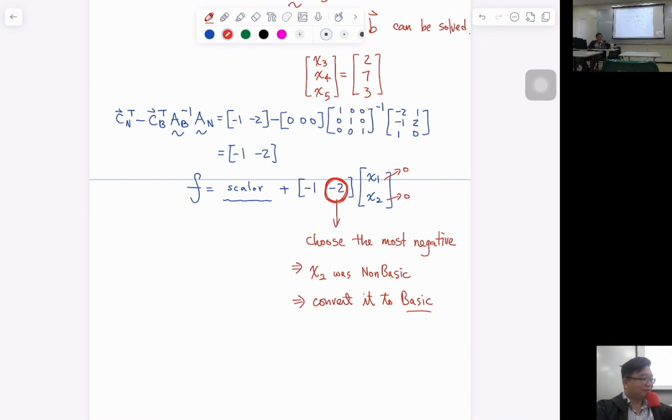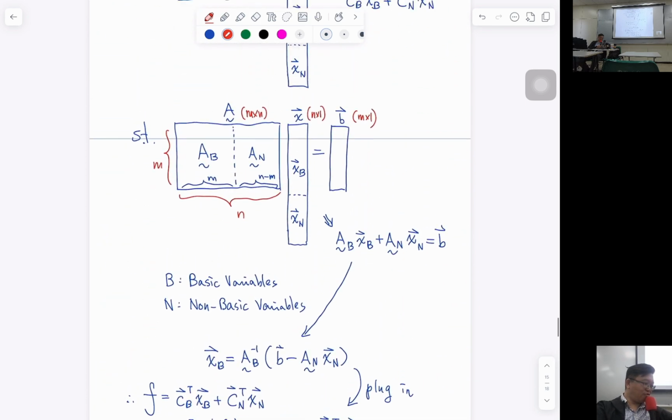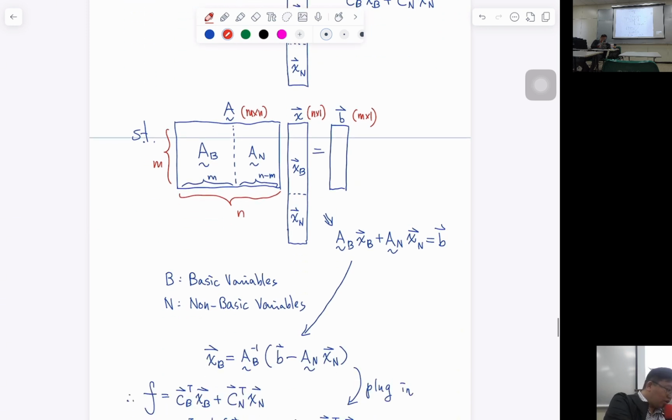But when we do that, go back to see our standard form. It's always like this. We always have m basic variables, and we always have n minus m non-basic variables.